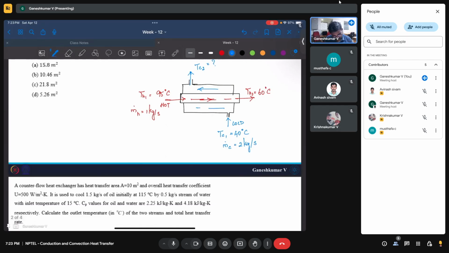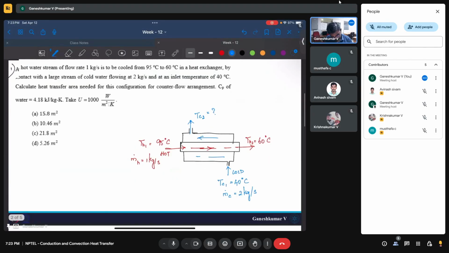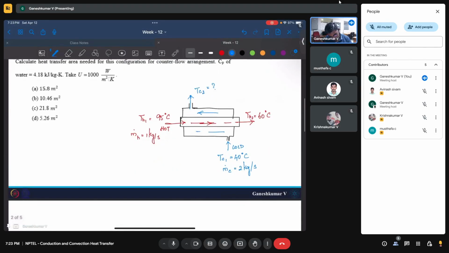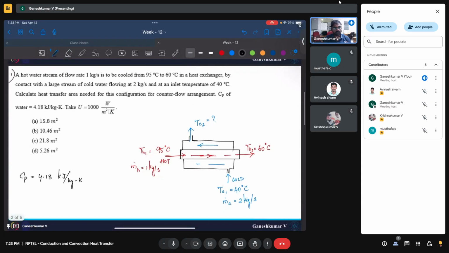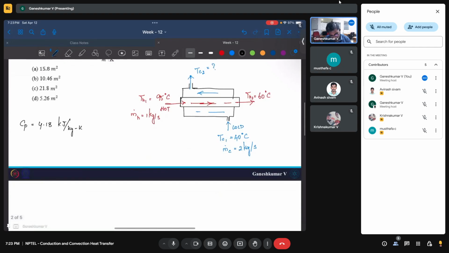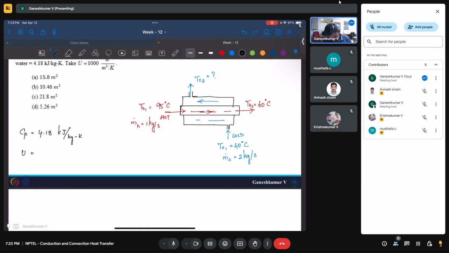Okay, now the CP is given. Let's write down the CP. CP is 4.18 kilojoules per kg Kelvin, and this is CP of water, and you know both are water only, so you can take the same CPs. Okay, and overall heat transfer coefficient U is given, which is 100 watt per meter square Kelvin.